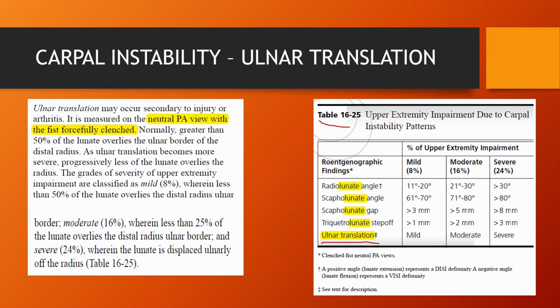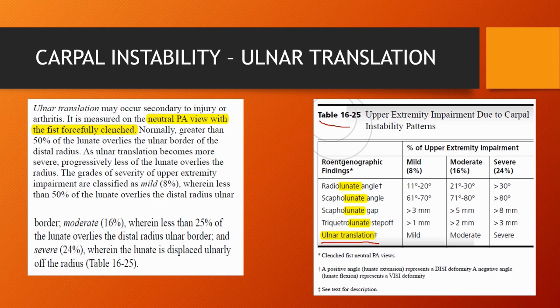Ulnar translation may occur secondary to injury or secondary to arthritis, such as rheumatoid arthritis. It's measured on the neutral PA view with the fist forcibly clenched. So this needs to be part of your routine views when ordering wrist x-rays for the assessment of carpal instability.